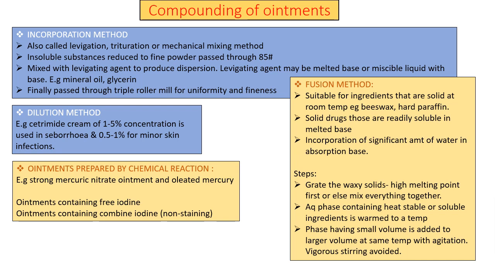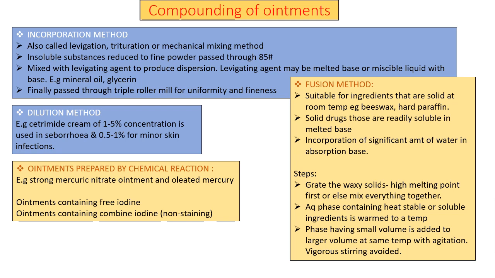These are ointments which can contain free iodine and combined iodine. Ointments containing free iodine are basically without iodine, because iodine stains. You would know if you have ever used Betadine or Betadine gargles, it contains povidone and iodine. If Betadine remains on the skin, it leaves that yellow color, so that is the cause of iodine. So ointments containing free iodine would be without iodine, and ointments containing combined iodine would have iodine.